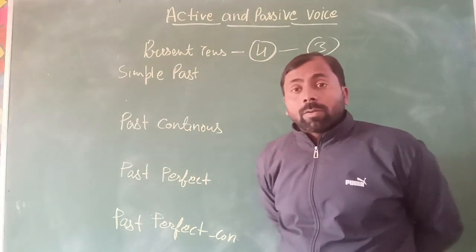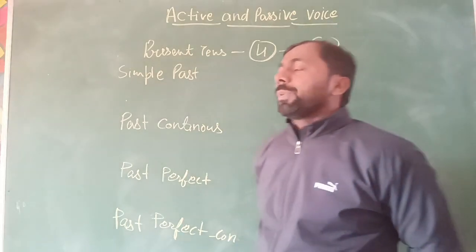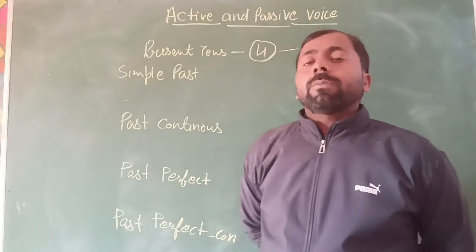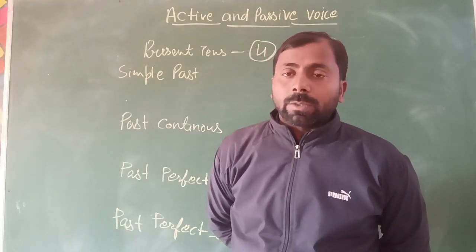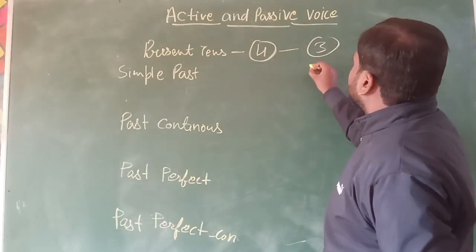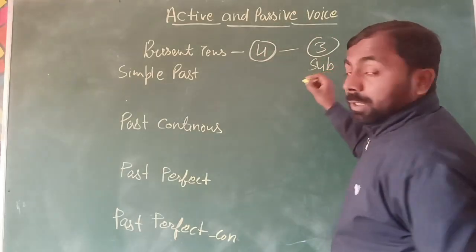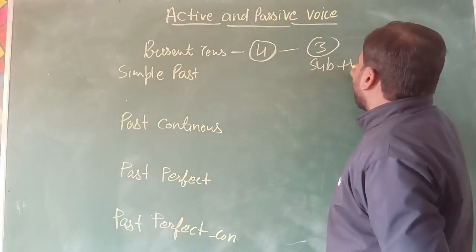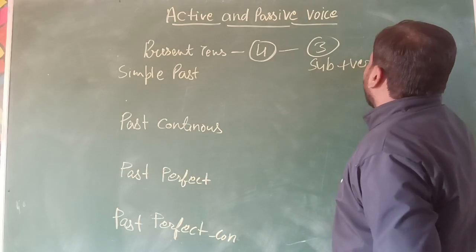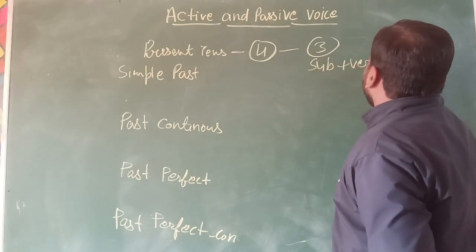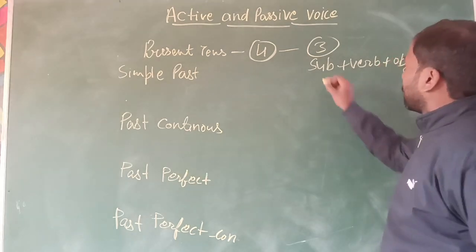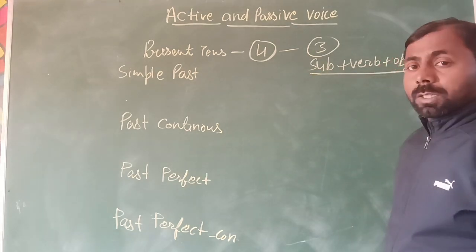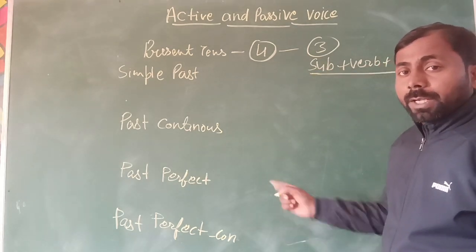Study, you already know about that, how can we change the structure of the active voice to the passive voice. If the simple form of the sentence is subject plus verb plus object, it is the simple form of sentence, and this sentence is known as active voice.